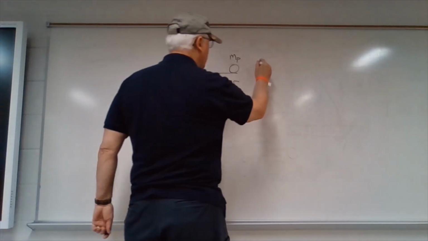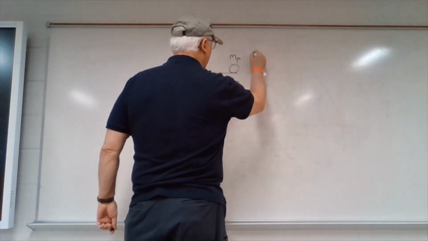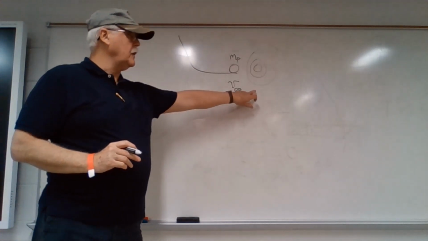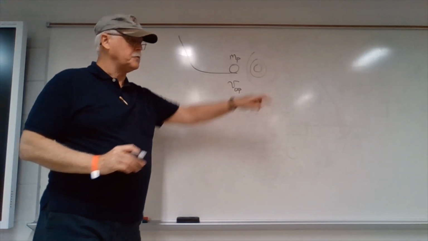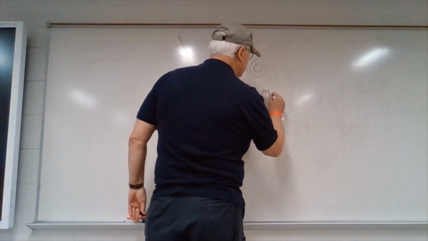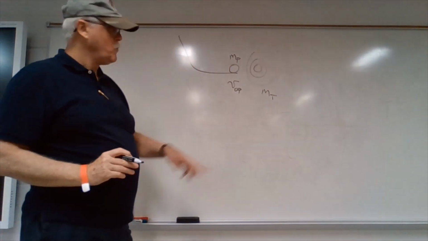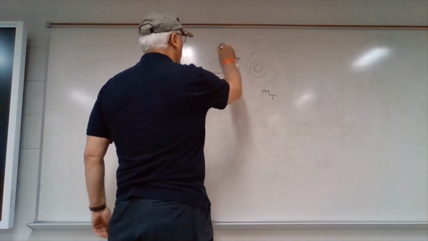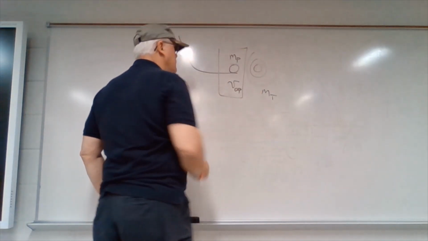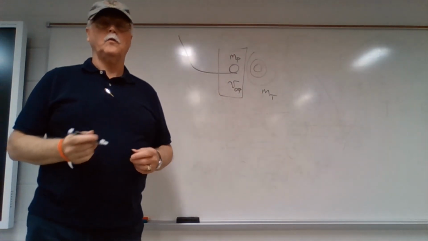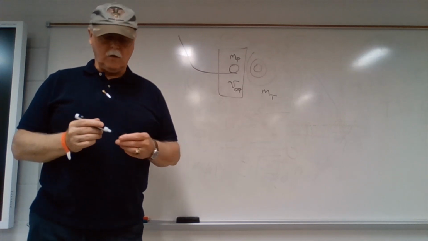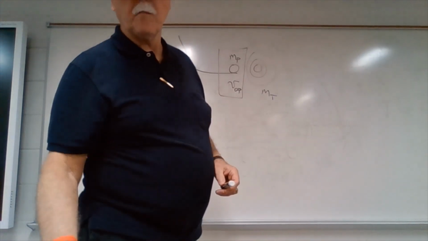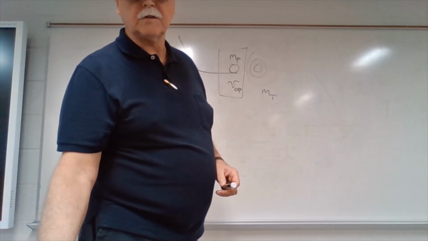Now I can change the mass of this target, anything I want. So that's an independent variable, this mass of the target. This never changes. This is a control variable. We have to determine the control variable. Now, how are we going to determine the control variable? That's the next step here.